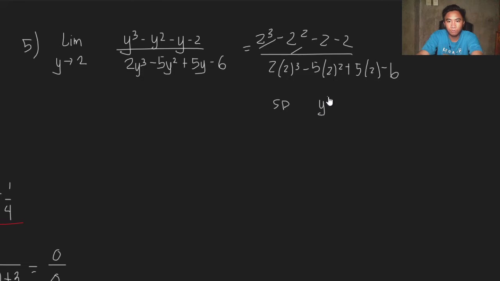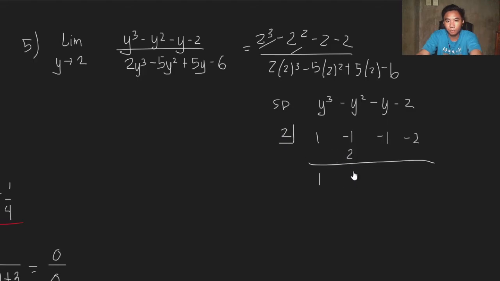So, sa y cubed minus y squared minus y minus 2, susulat lang natin yung coefficient niya: 1, negative 1, negative 1, negative 2. And then, itong approaches niya, 2. So, bring down 1. Multiply natin sa 2, 2.